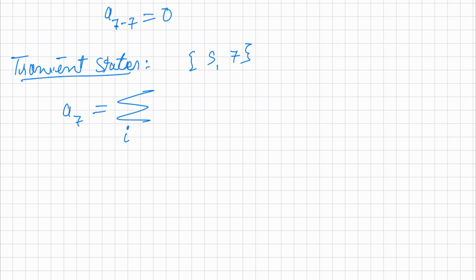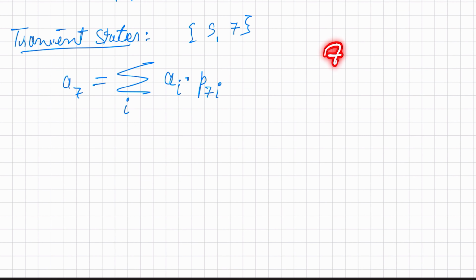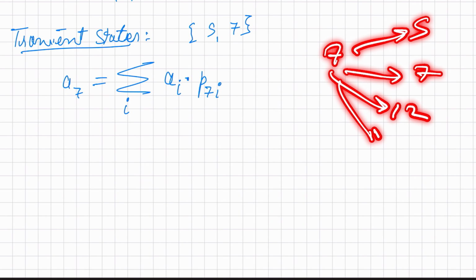From 7 you can go to any of these states, and whenever you go, let's say to state I, we first ask what's the probability that you jump to state I. So from 7 you jump to state I, and then you also multiply this with AI, which is the probability of getting absorbed if you have reached state I. So from 7 you can reach S, you can reach 7, you can reach 12, you can reach 7, 7, right? We're going to do all possible states.